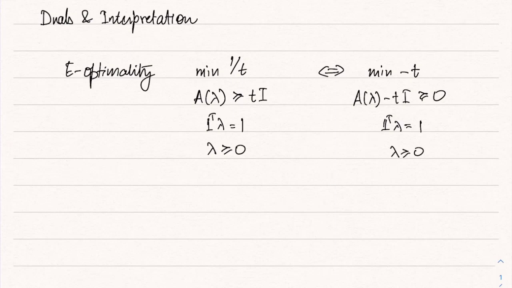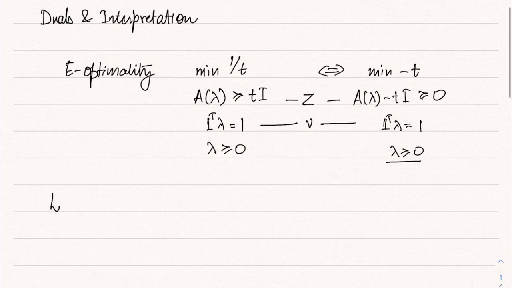Let us associate dual variable Z with the first constraint, and dual variable nu with the second, and we'll keep lambda greater than or equal to 0 implicit. Let us write down the Lagrangian. The primal variables are lambda and t, so the Lagrangian is a function of lambda and t, and Z and nu are the dual variables.